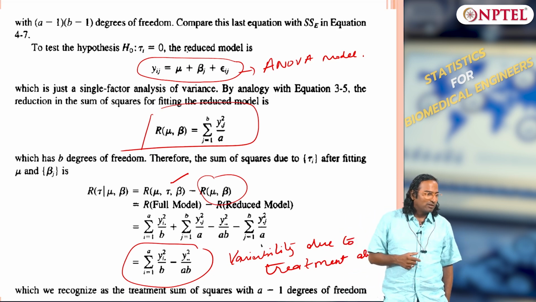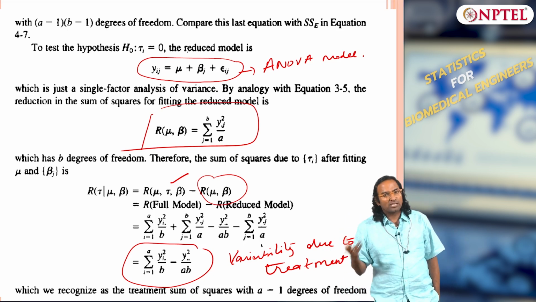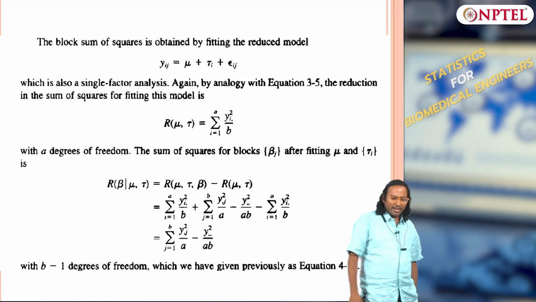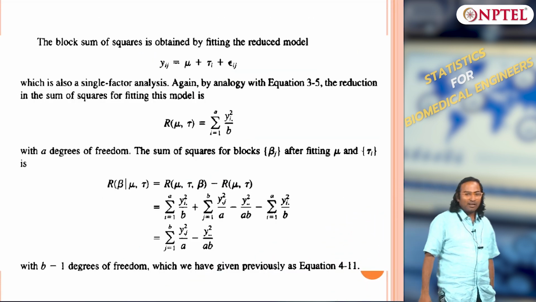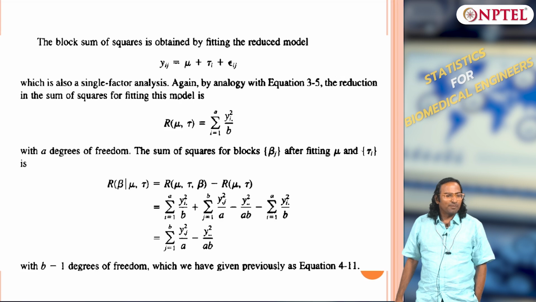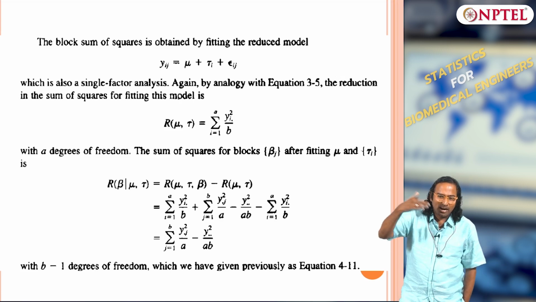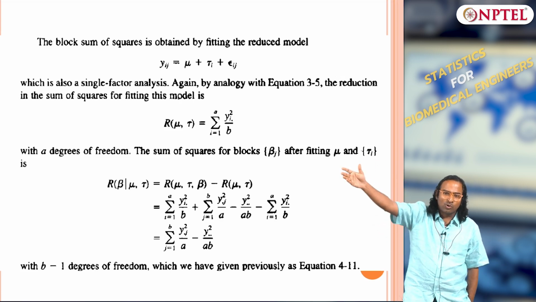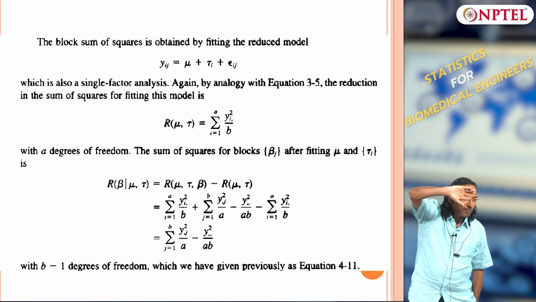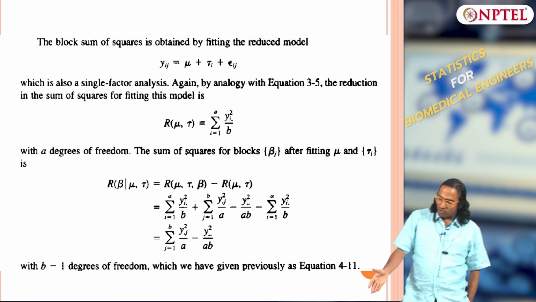That ratio is what? Sum square error is nothing but unexplained variance. If you are doing a different hypothesis, whether blocks are important or not, that is, if your null hypothesis is not on treatments (usually we do it on treatments, but if you do the hypothesis on blocks), then you can use the same analogy.